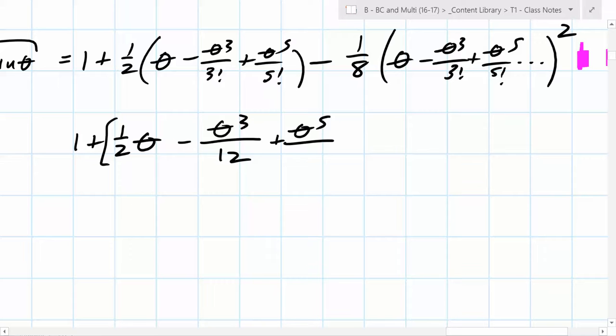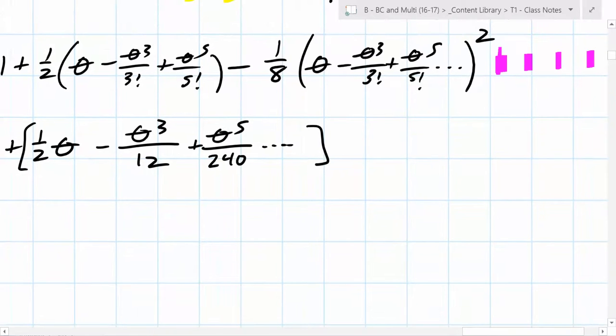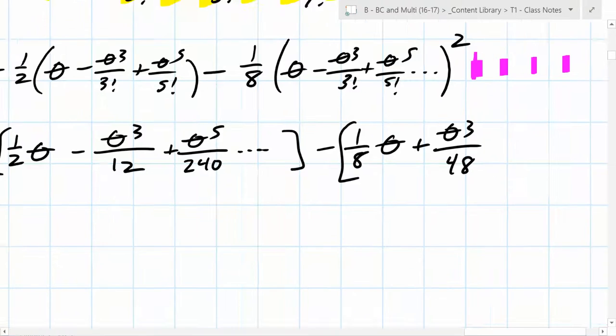What's 5 factorial? 5 factorial is 120. So what's it going to be? 240. Are you with me so far? And then minus what? 1/8 times theta, right? Plus theta cubed over what? 48? Is that right? Yeah.